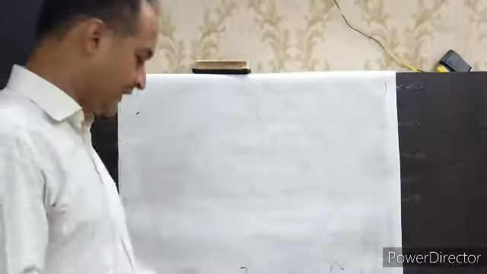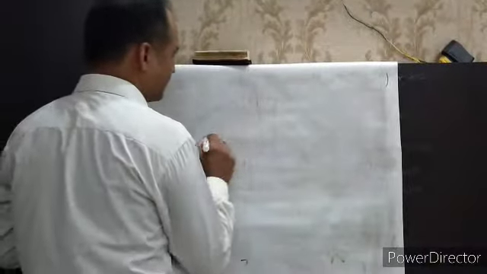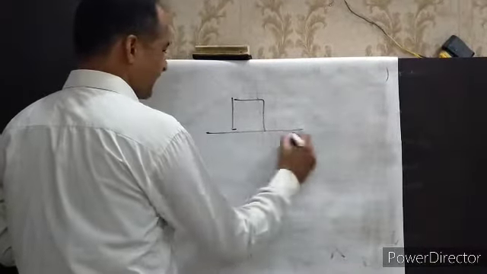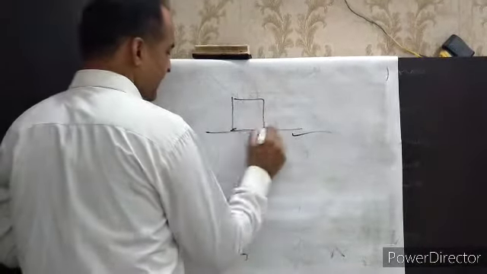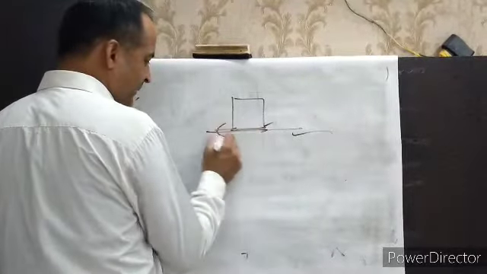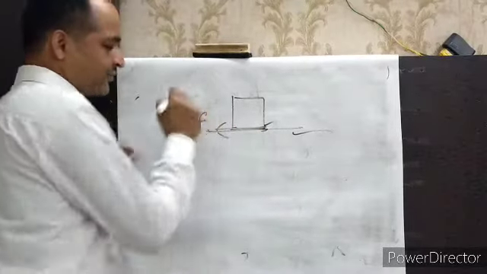If the surface becomes smooth, friction will reduce. So the first law: the friction force depends on the nature of the surfaces in contact. The second: the friction force is always tangential to the surfaces. Suppose one surface is this, the second surface is this, then the friction force will be tangential to the surface.